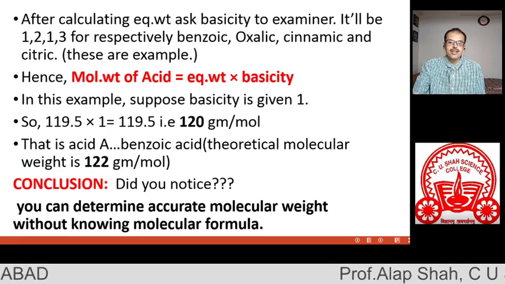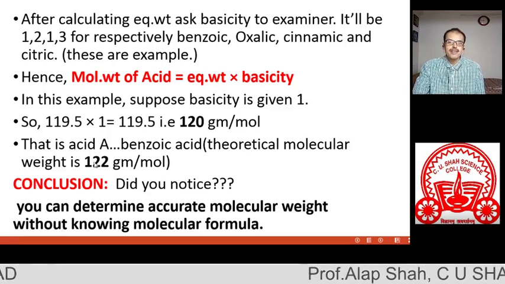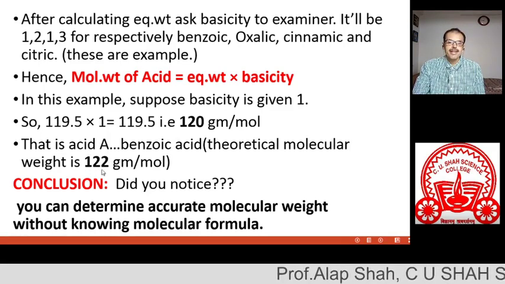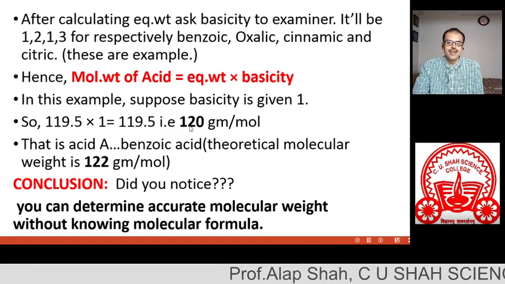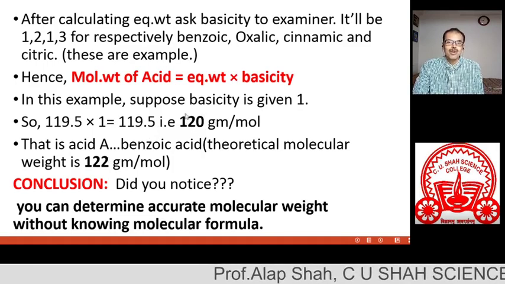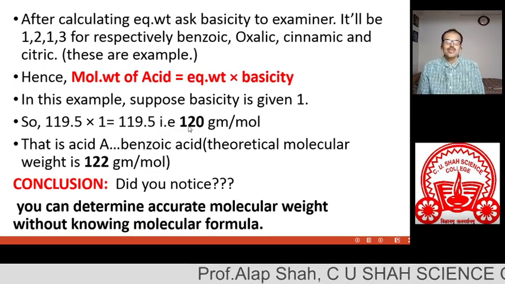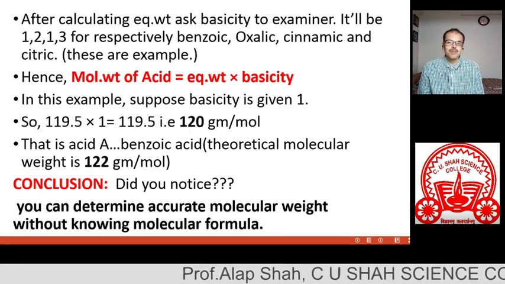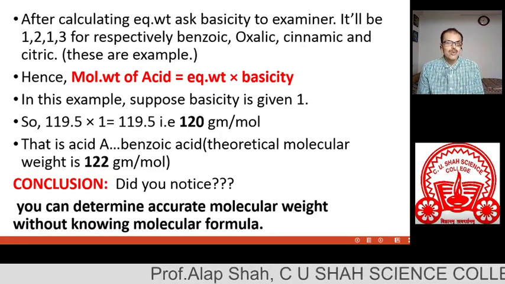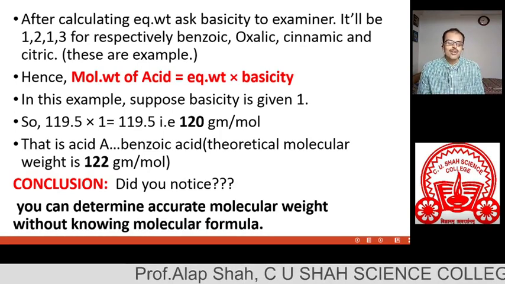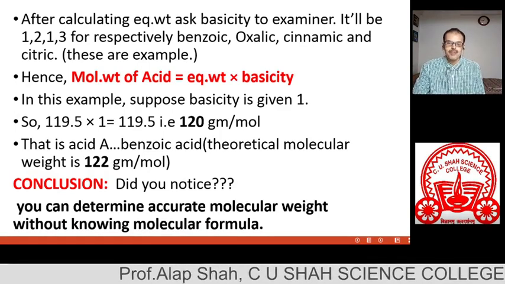Theoretically, from the formula of benzoic acid, C6H5COOH, the molecular weight is 122 gram per mole. If you compare theoretical and experimental, see, almost precisely we can calculate the molecular weight of the unknown acid. So this is the heart of this experiment. You are able to calculate the molecular weight very accurately, even though you did not know the molecular formula.